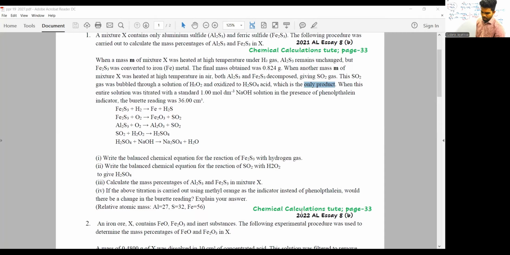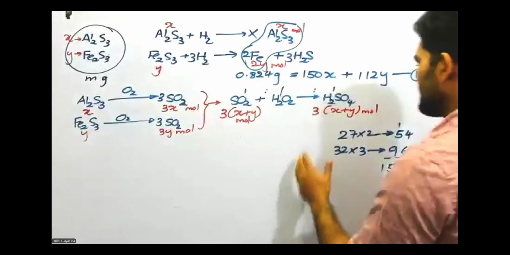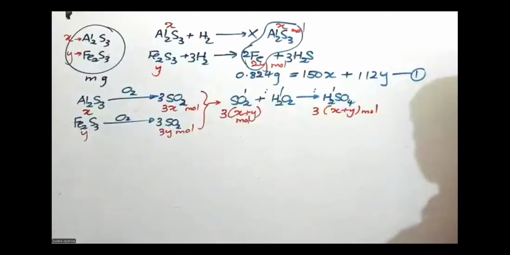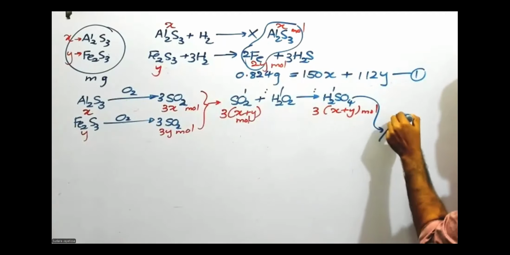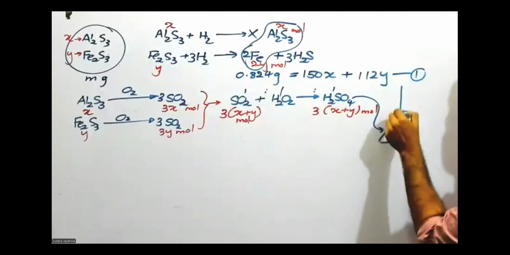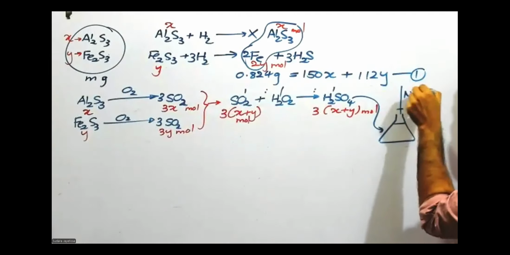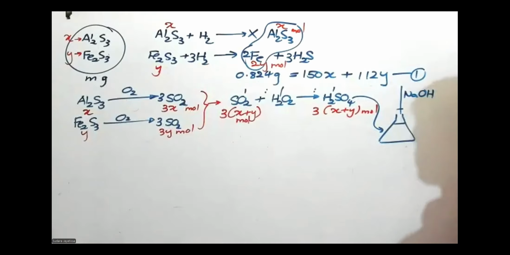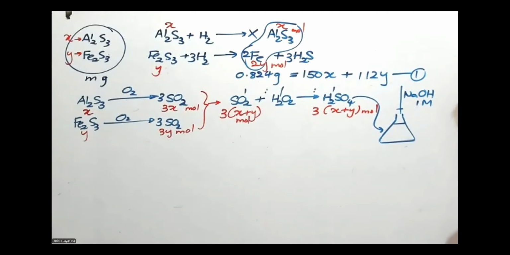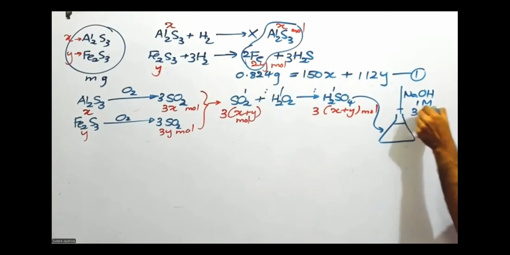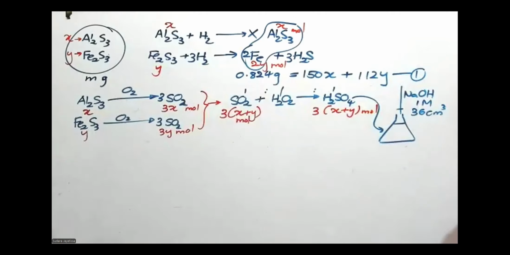Okay, so 1 M, 36. Now this sulfuric acid is the entire solution. The entire solution is titrated with sodium hydroxide. Sodium hydroxide concentration is 1 mole per decimeter cube, and 36 cubic centimeters are consumed.